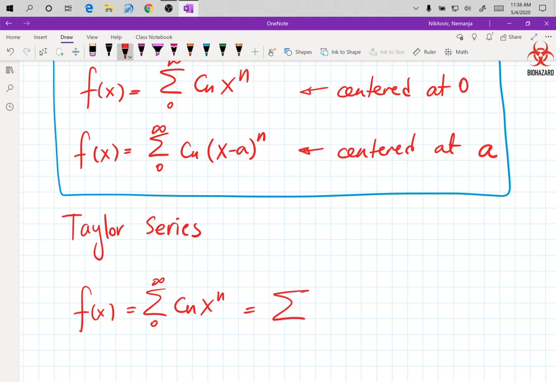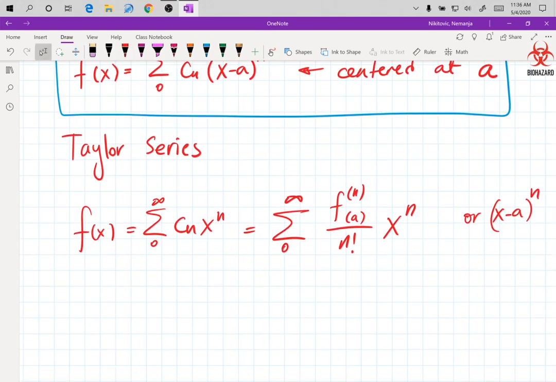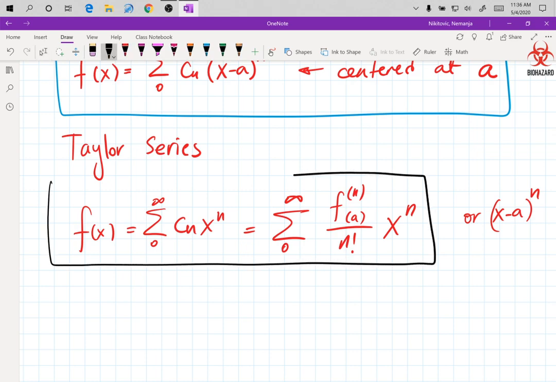I'm completely discombobulated because of the issues I had. So there we go: the sum of the nth derivative at a divided by n factorial times x to the n, or (x minus a) to the n, depending on where your center is. So this is the power series that we are focusing on today.